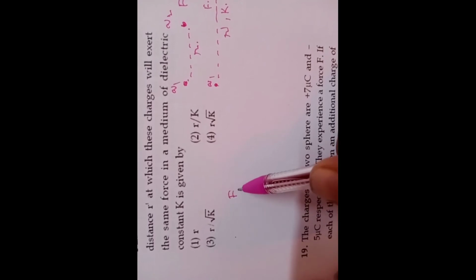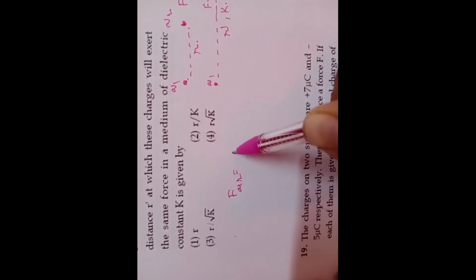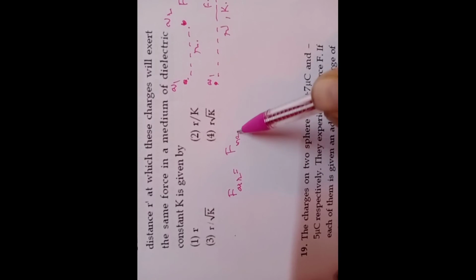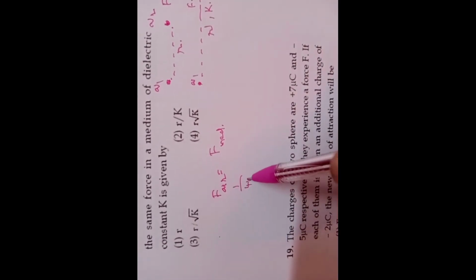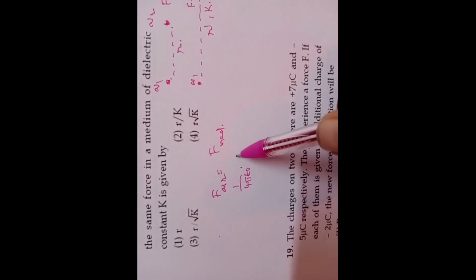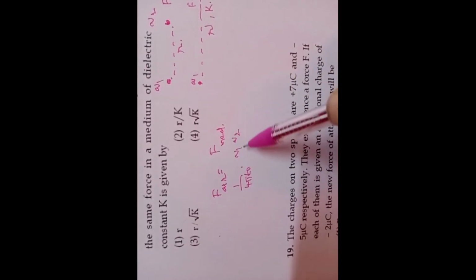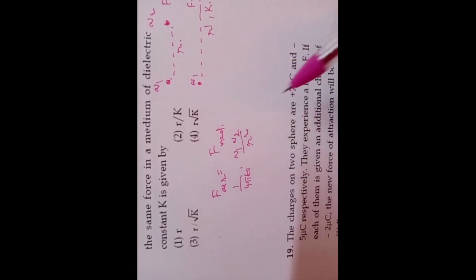So what is the situation they gave? In the air, how much force is there? In the medium also the same force is there, but the distances are changed. That's why the same force is there. The F air formula will be 1 by 4 pi epsilon naught Q1 Q2 by r square.